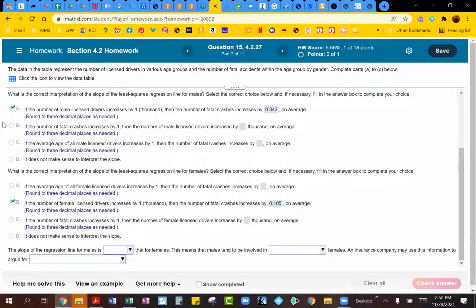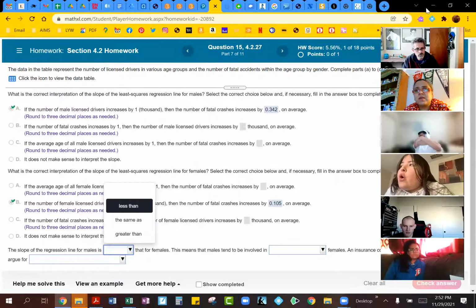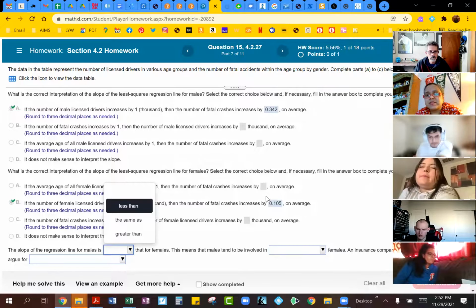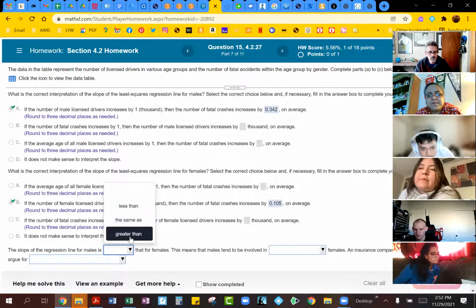So you do see kind of that direct relationship between those two. And then this one is saying the slope of the regression line for males. So is the slope greater than, same, or less than from males to females? Because the slope on males is 0.342, the slope on females is 0.105. Greater?